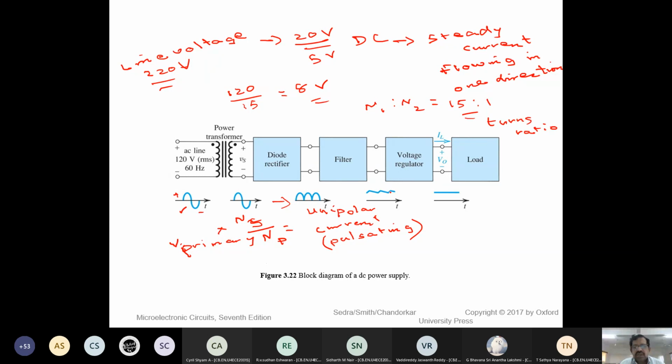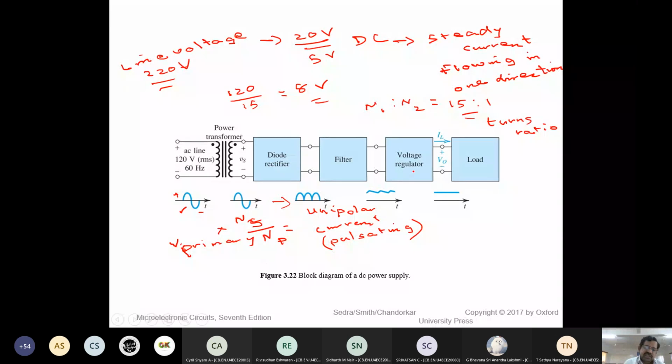However, there are what are known as ripples. So these are the ripples. When these ripples are along with this constant current, if my load wants a very constant current like this, then I need to give this with a ripple to a voltage regulator circuit and get constant current driven to the load, so that I get the desired voltage and desired current level through the load, whatever is required for use in my appliance.